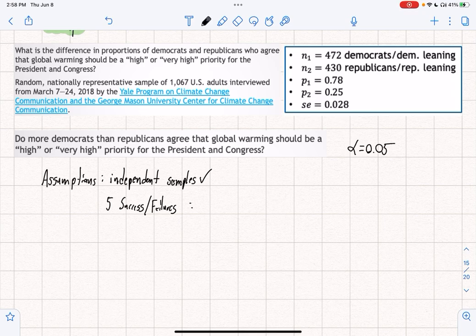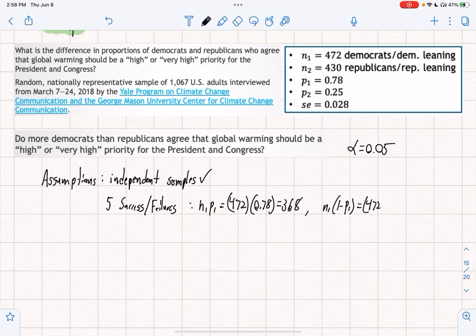So to check that, we can do N1 P1, so that would be 472 times P1, 0.78, which is 368. And then we would have N1 times 1 minus P1 for the number of failures. So that would be 472 times 1 minus 0.78, which is 104.